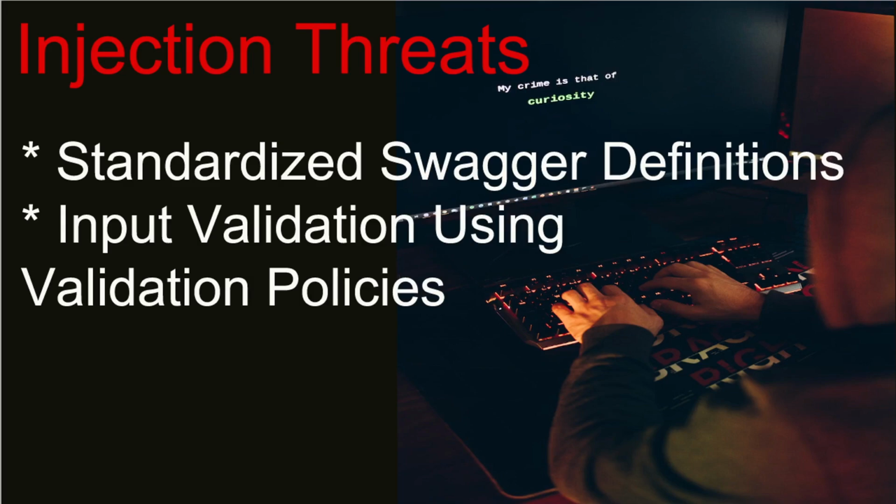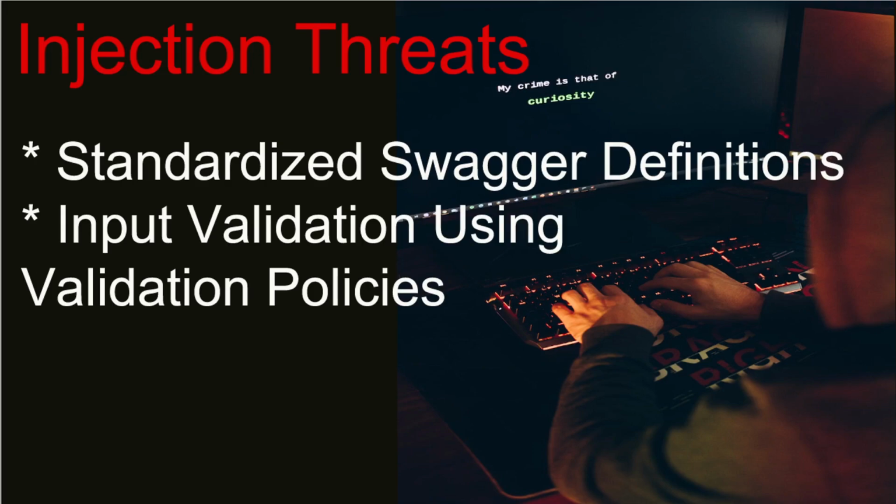On top of that we can have different types of input validations using validation policies, like regular expressions, specific enumerations, or any other option that you want to specify, to make sure that only legitimate, valid data can come through these APIs, and only valid requests can pass these validation checks and then reach the backend servers.